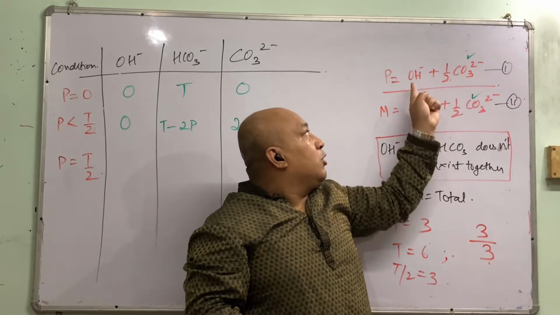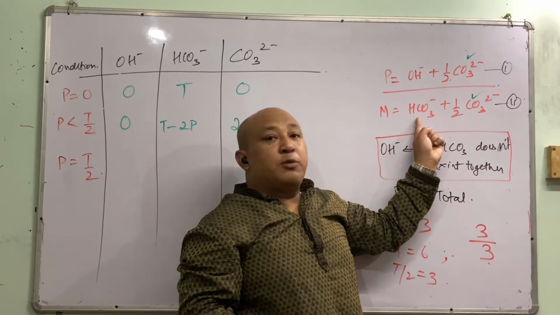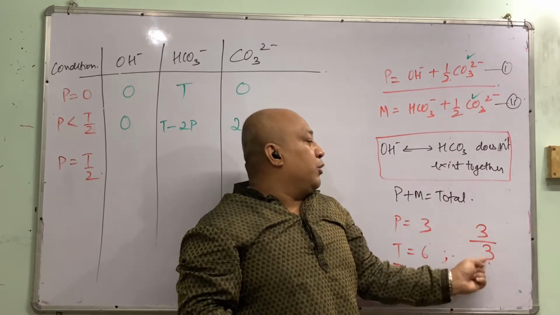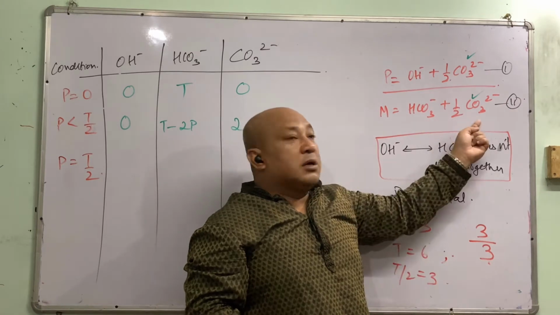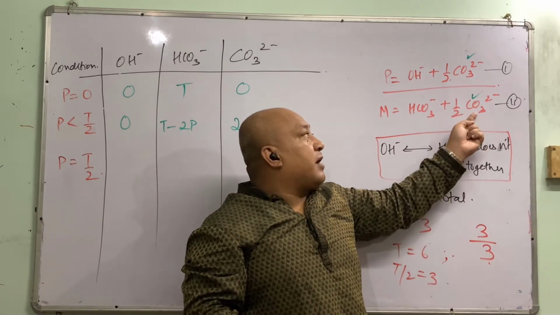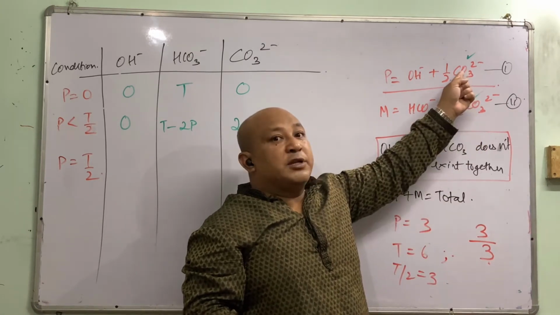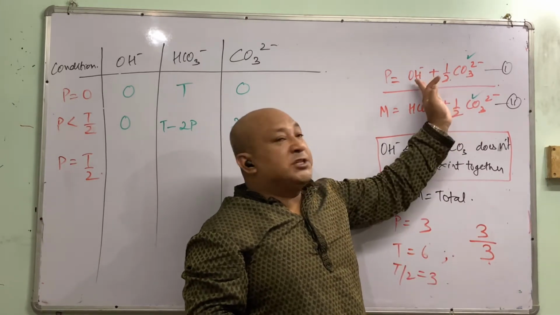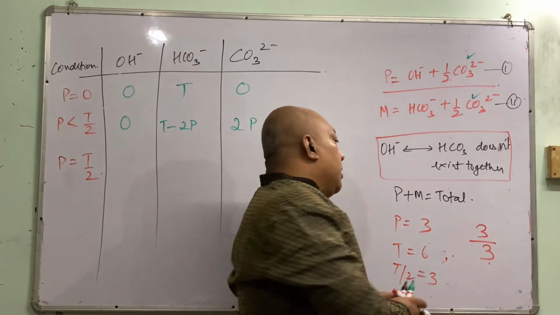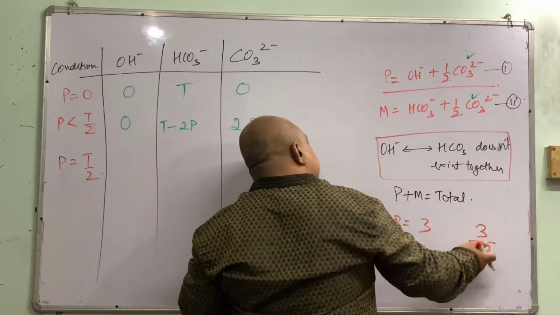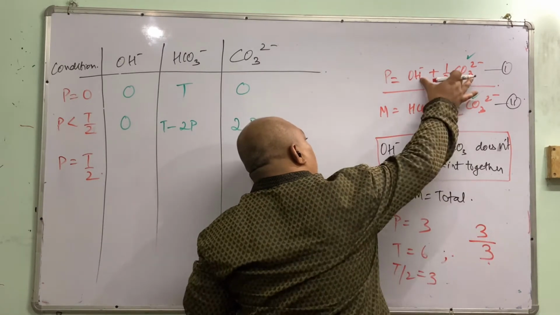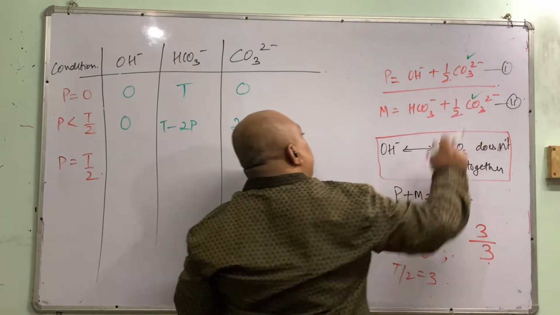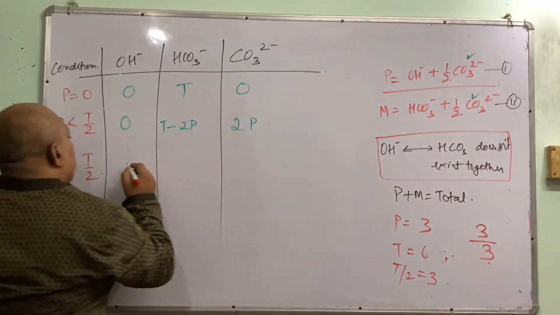If OH is present, this cannot be present. So if this is not present, below is 3, so carbonate should be there. If carbonate is there, up also carbonate should be there. But both of them are 3 and 3, then OH cannot be there. Since all 4 cannot exist together, only this and this are present. So OH is equal to 0.